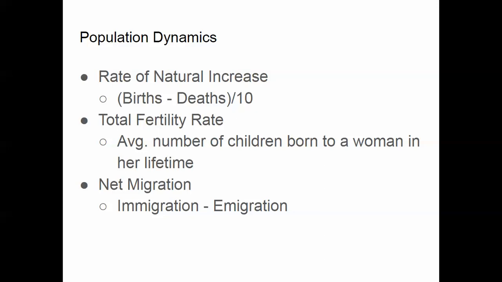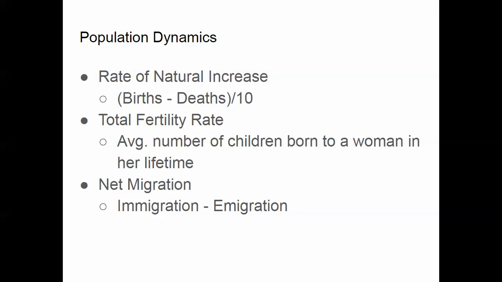Total fertility rate is the average number of children born to a woman in her lifetime. Now there are a couple of assumptions to that. Number one, that this is the average number assuming that a woman lives all the way to the end of her reproductive lifetime, and that she at each stage in her life has the average number of children for women of that age.